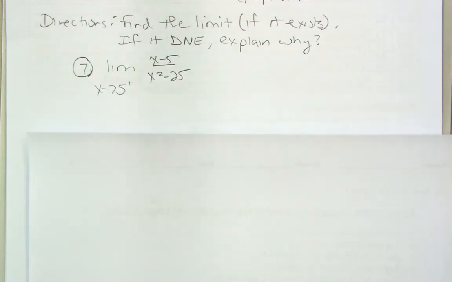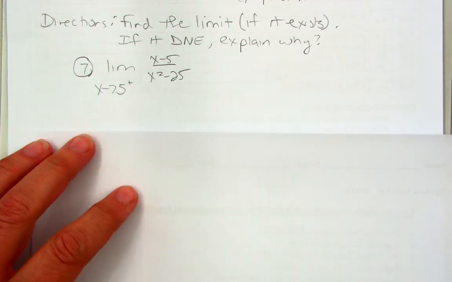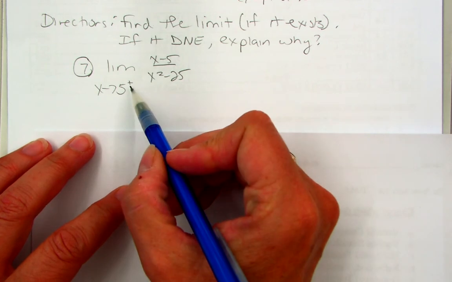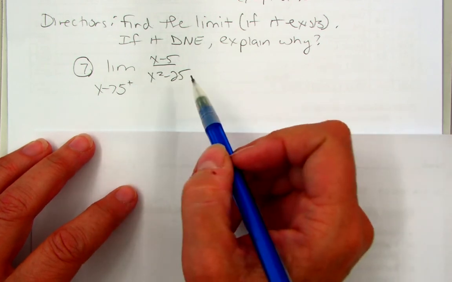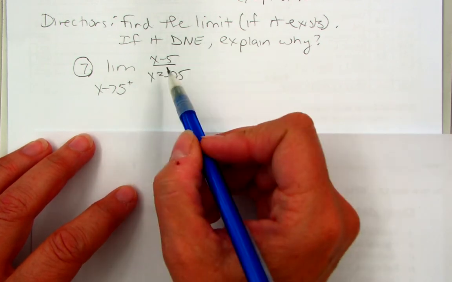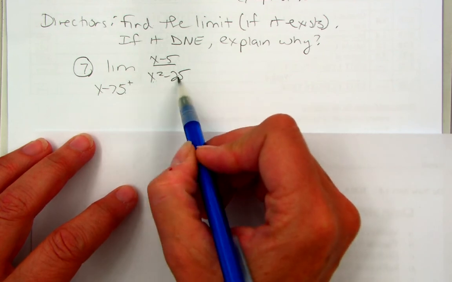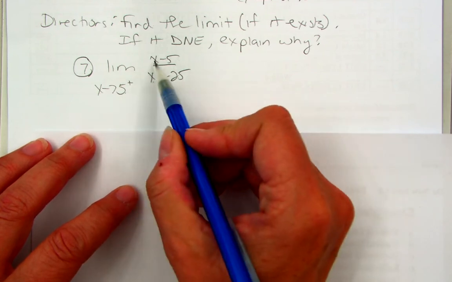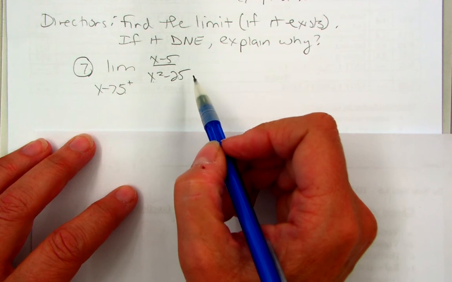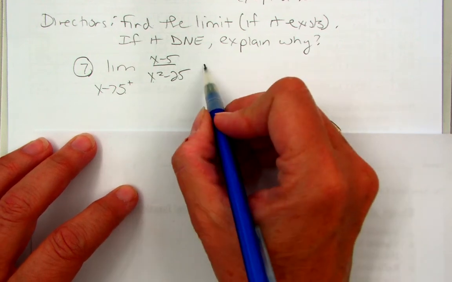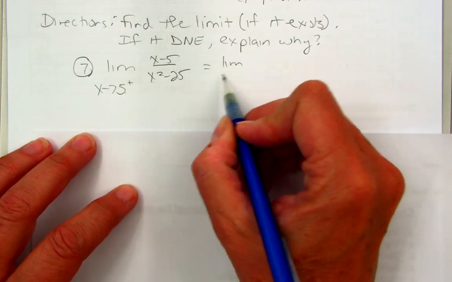So the limit of x minus 5 over x squared minus 25 as x approaches 5 from the right. Well, I only worry about right and left if there's a graph or a piecewise function. That is neither. I do know if I put 5 in here, that'll be 25 minus 25, and 5 up here, that'll be an indeterminate. So I have to use one of those special algebraic techniques.